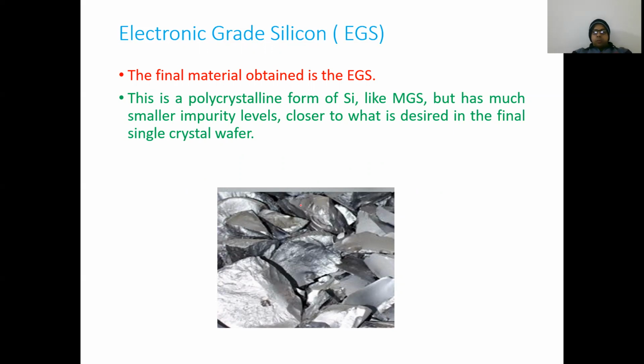So this is the entire journey of how from sand you are getting, sorry, not crystal, amorphous silicon EGS. In the coming videos, I will discuss the process of getting crystal from amorphous silicon.